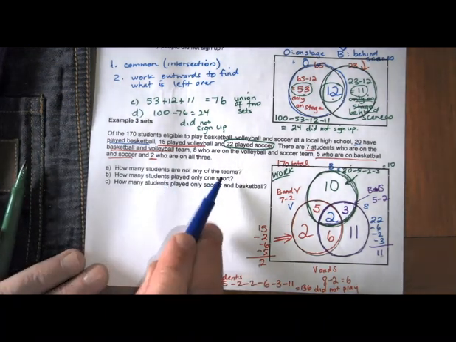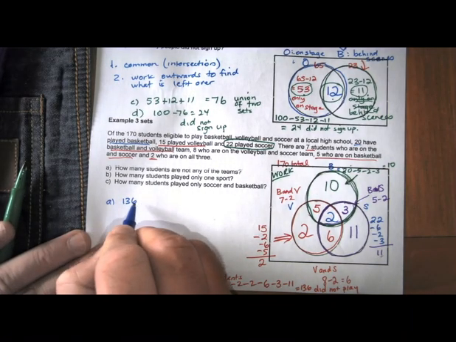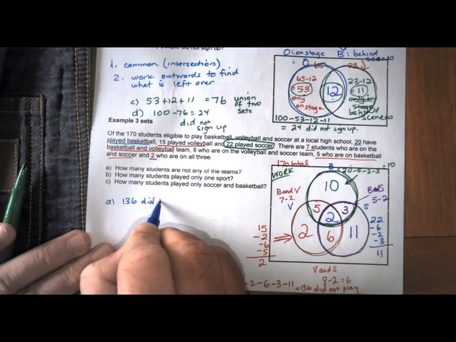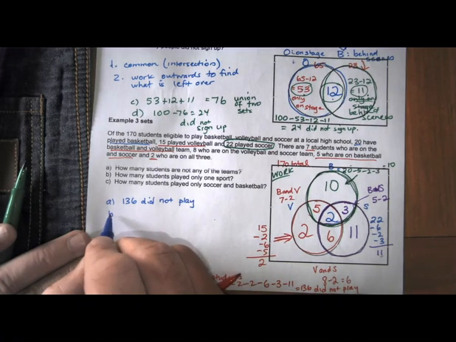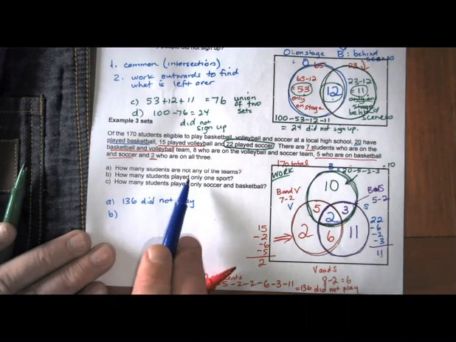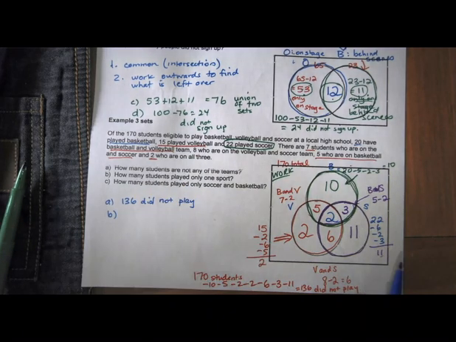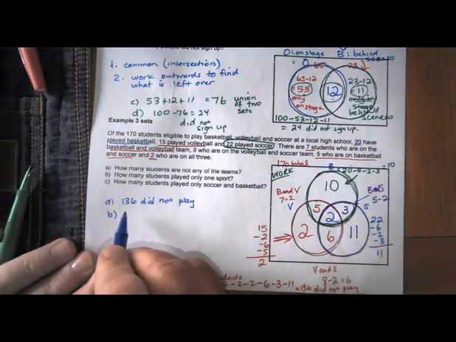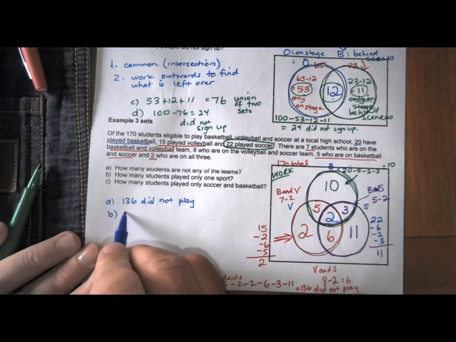How many students were not on any teams? Well, we just showed that there's 106 did not play. B, how many students played only one sport? Okay, well, if I was looking at it, one sport would be just volleyball.